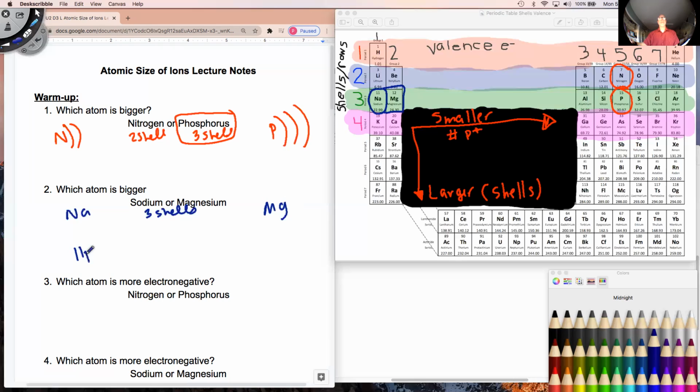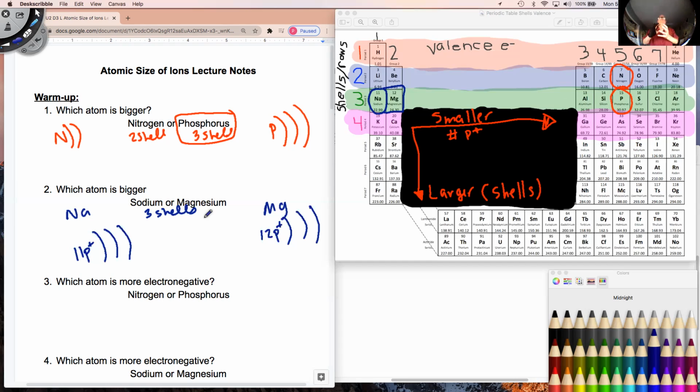Sodium has 11 protons, or 11 magnets inside. 11 magnet powers pulling in. Magnesium has 12 protons, or 12 magnets on the inside. So which will be able to pull them in tighter? Well, the magnesium, since it has more protons, will be able to pull in tighter, because it's kind of like magnets pulling against pieces of metal.